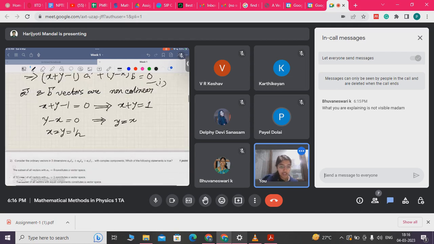I'm a Bengali. I understand Bengali, but as it is a national level course, I have to speak in English so that everyone can understand. So she is saying that it is visible. Bhuvaneshwari, please zoom in, because on my screen also it is visible.